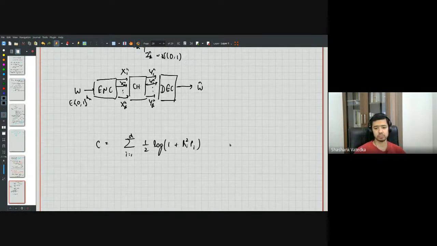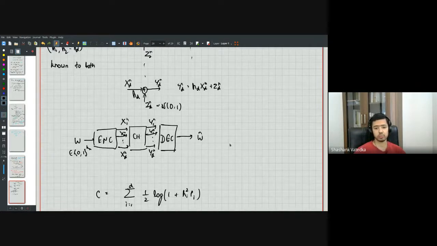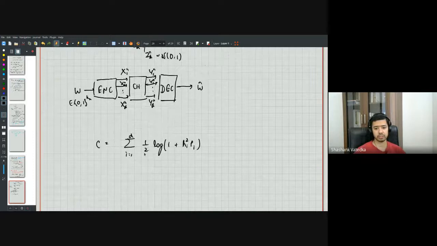Okay, and so the goal is to find out what the capacity of this channel is. Right? So you know that if it's a single AWGN channel, then the capacity is half log 1 plus P over sigma square, or in this case, for the ith subchannel, the capacity is going to be half log 1 plus h_i square P_i, where P_i is the amount of power allocated to subchannel i.